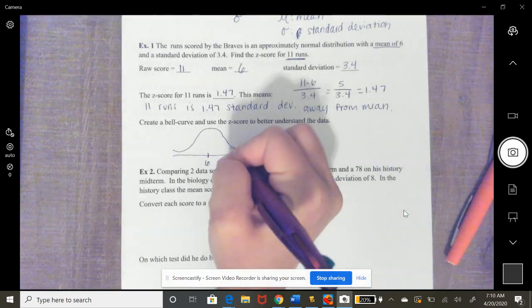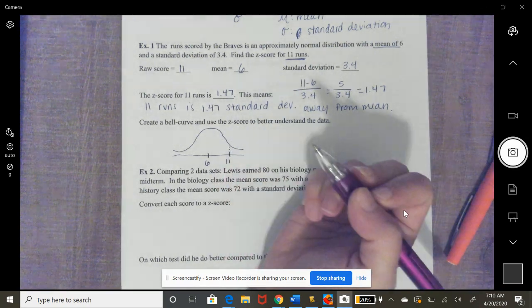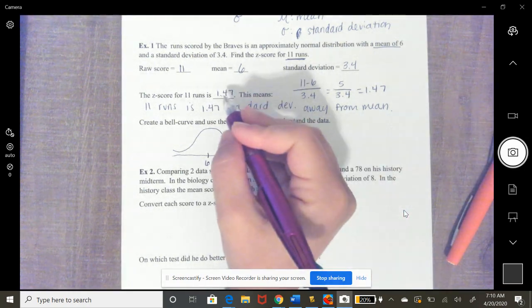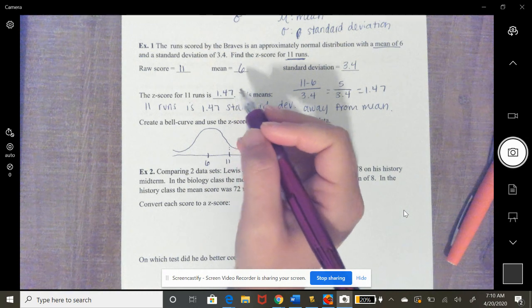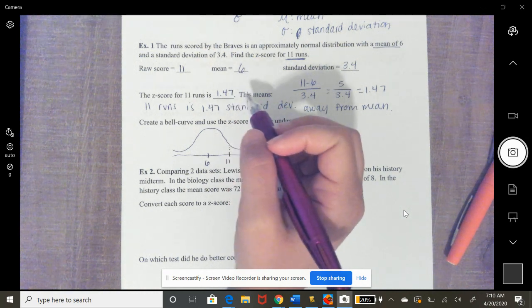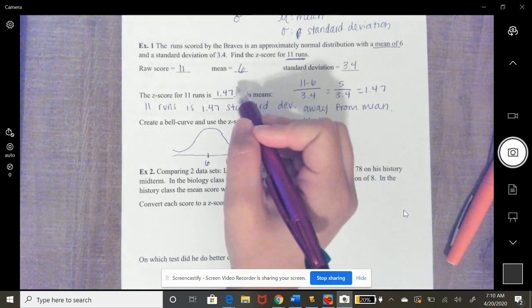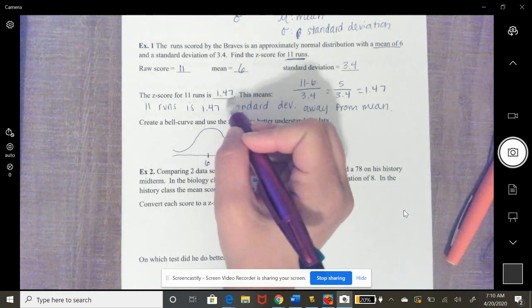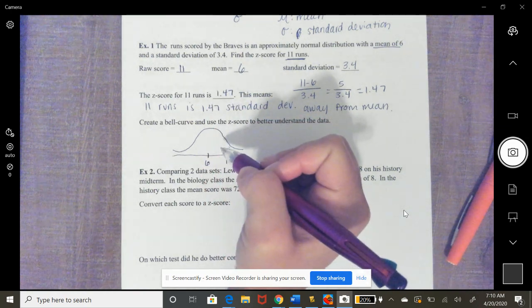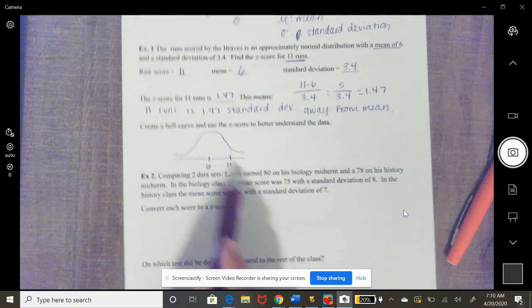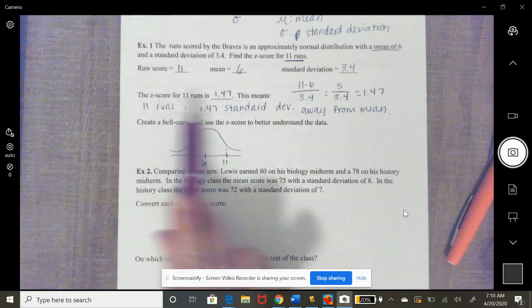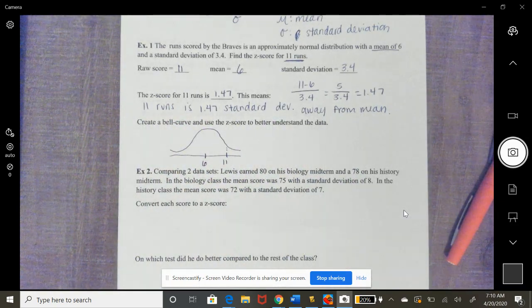So this tells you where it's going to fall within those standard deviations. So it's about 1.47. Last week we just did, add 1 standard deviation, add 2 standard deviations. This tells you exactly where it falls in between those values. Okay, so this is more of a visual. We're not going to do a lot of that today, but you'll be working on calculating them.